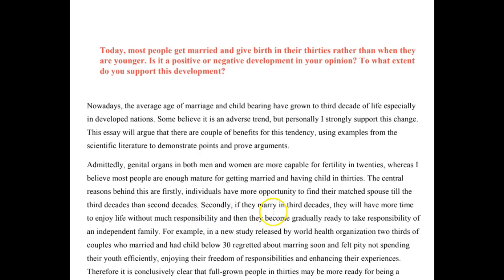Secondly, if they marry in the third decade, they will have more time to enjoy life without much responsibility, and then they become gradually ready to take responsibility of an independent family.